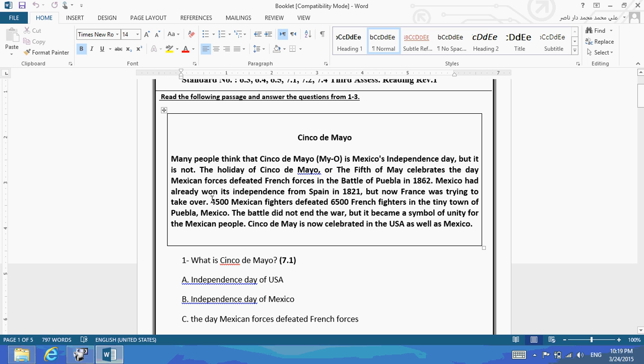Mexico had already won its independence from Spain in 1821, but now France was trying to take over. 4,500 Mexican fighters defeated 6,500 French fighters in the tiny town of Puebla, Mexico. The battle didn't end the war, but it became a symbol of unity for the Mexican people. Cinco de Mayo is now celebrated in the USA as well as Mexico.